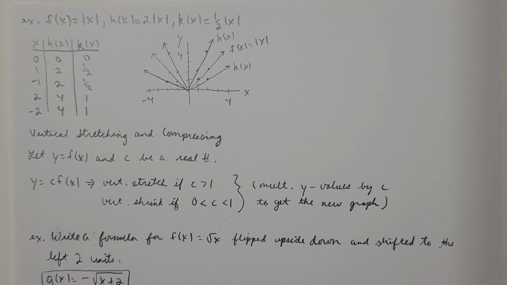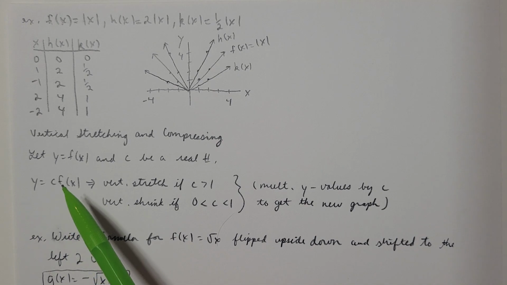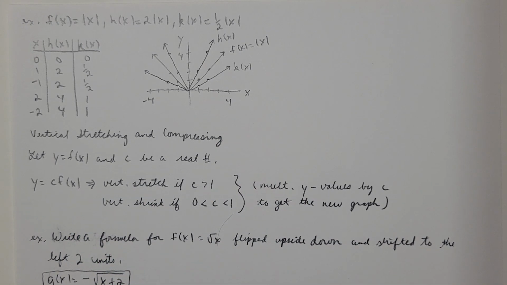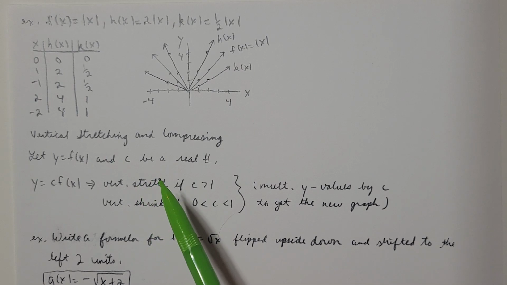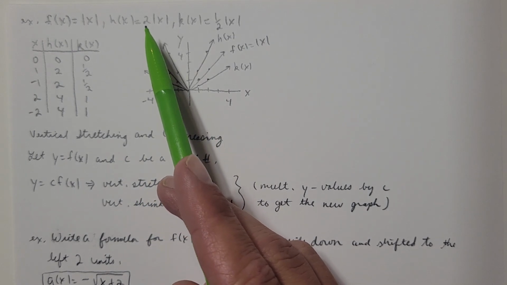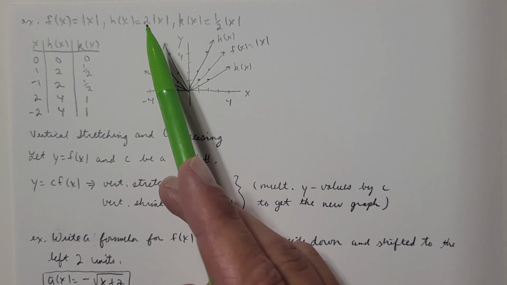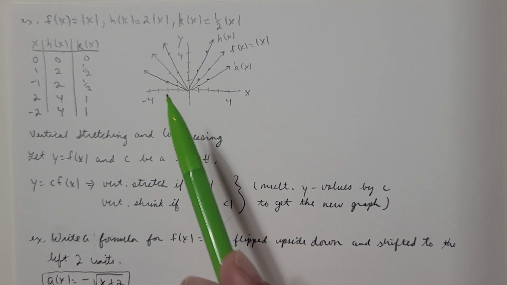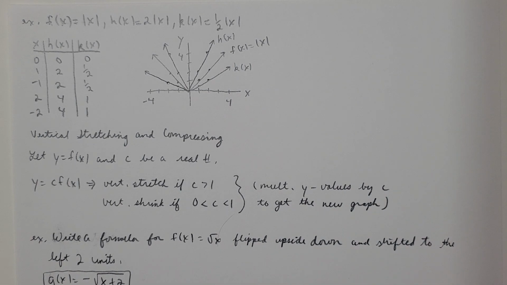If we have y equals c times f of x, then that's going to be a vertical stretch or shrink of the graph. In general, you're going to be stretching the graph out if c is bigger than 1. Like here, c is 2, and we stretch the graph out by a factor of 2.